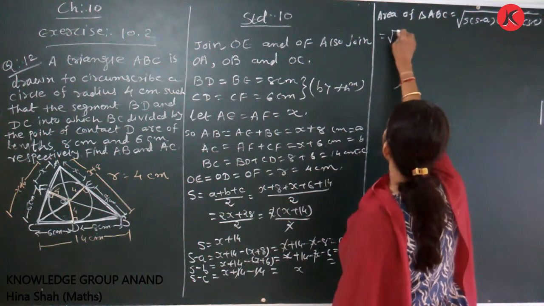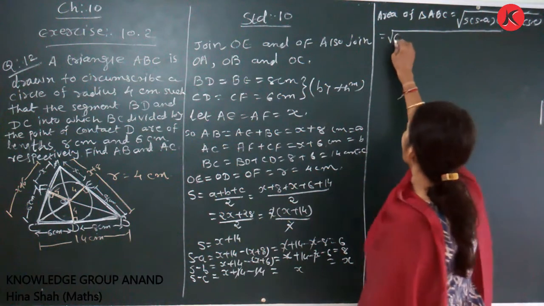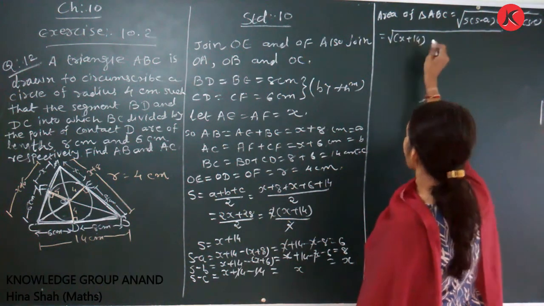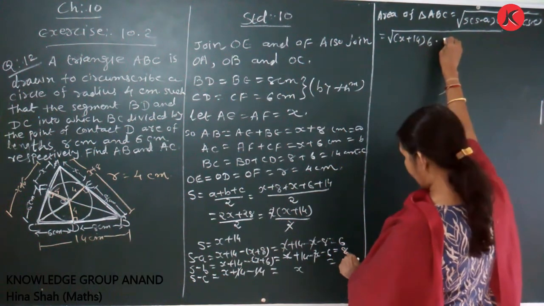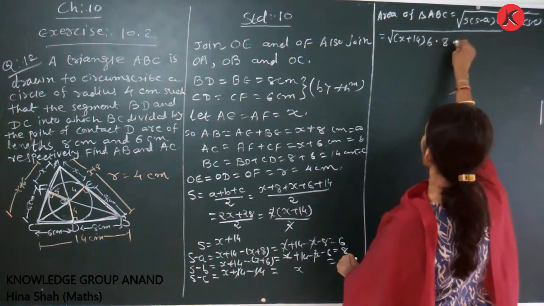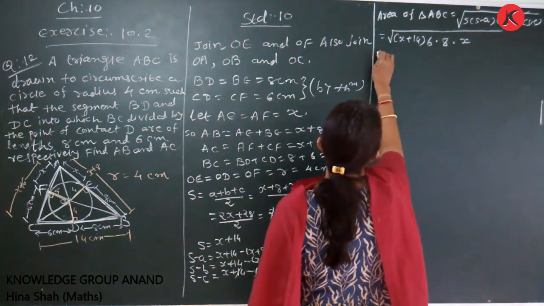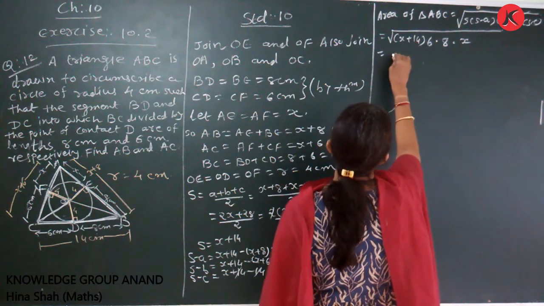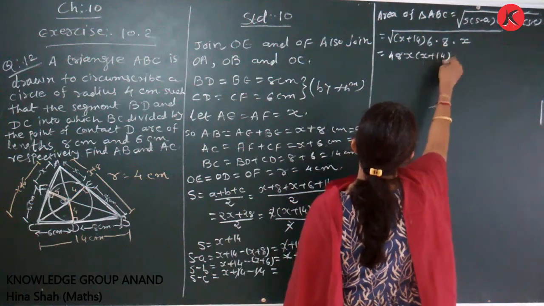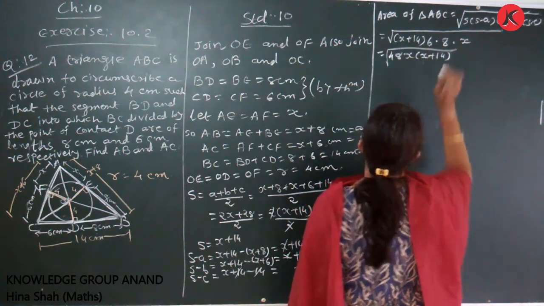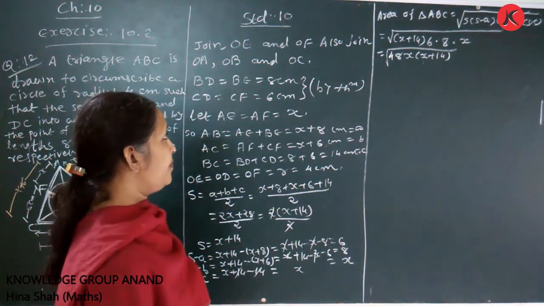What is s? s is equal to x plus 14. Here s minus a is 6, s minus b is 8, and s minus c is x. That equals 6 times 8, which is 48, times x times x plus 14. Area of triangle ABC.